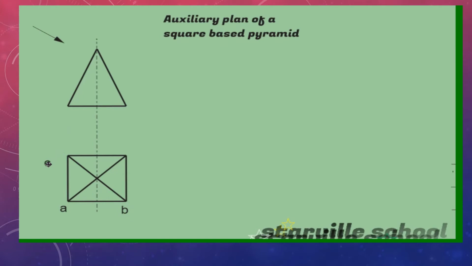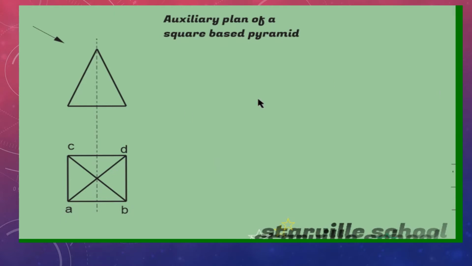Name this other side C, and this side D. Remember this is the plan view, and since it's the plan view you can see all the sides of the object from the plan, so you know what you are actually looking at.